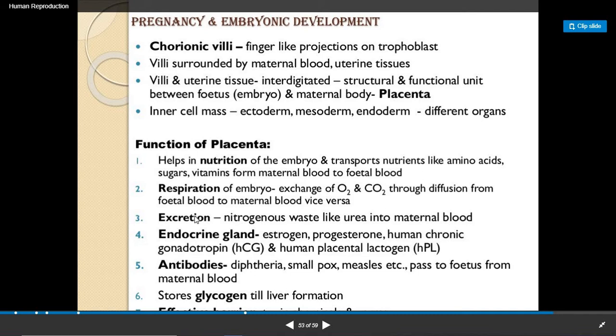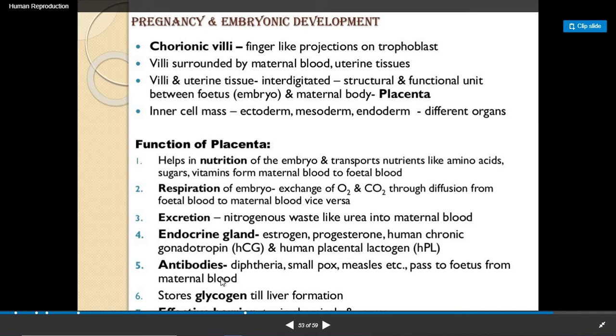Third is excretion: nitrogenous waste like urea is excreted into the maternal blood with the help of this placenta. It also acts as an endocrine gland, as estrogen, progesterone, human chorionic gonadotropin and human placental lactogen hormones are secreted by the placenta.